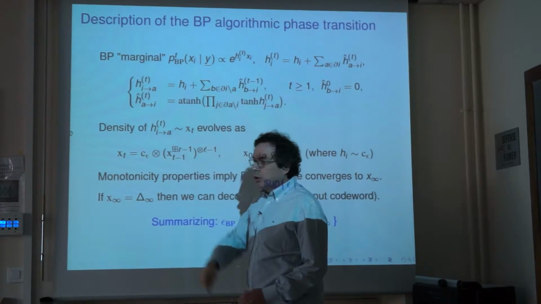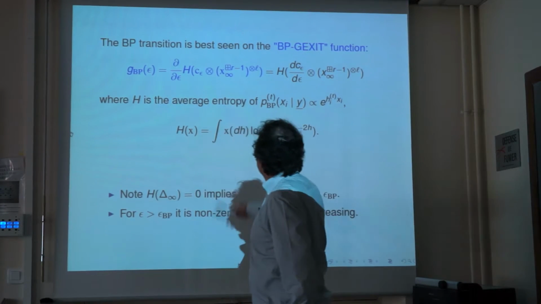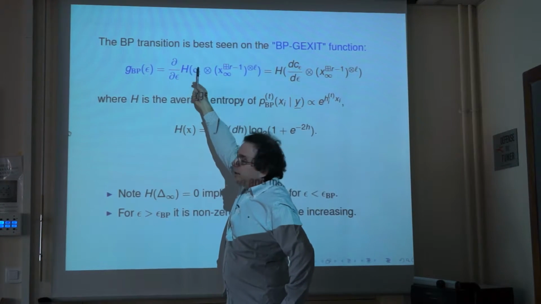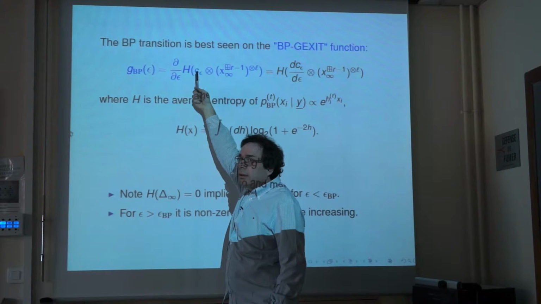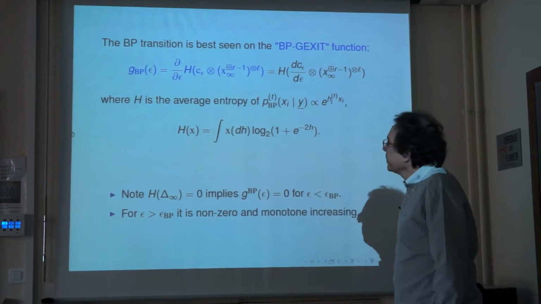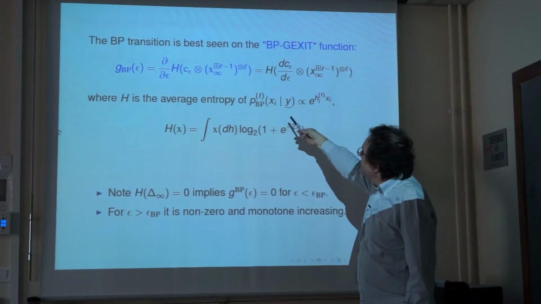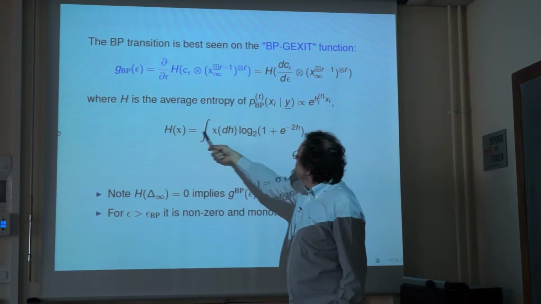So it's the density of this variable, and you take h of this density, the Shannon entropy of that density, if you wish.